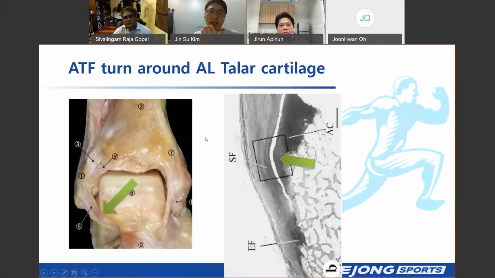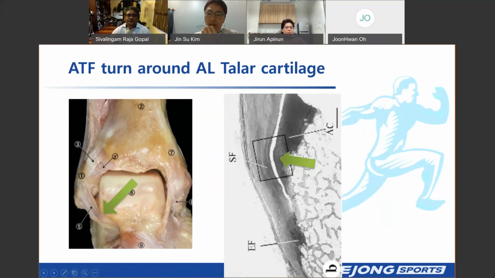And the ATFL anatomy, especially the distal attachment, is very special. The ATFL goes from the fibula around the corner of the talus and attaches to the neck of the talus. You can see in this image that the ATFL goes through the corner and attaches to a more distal area.